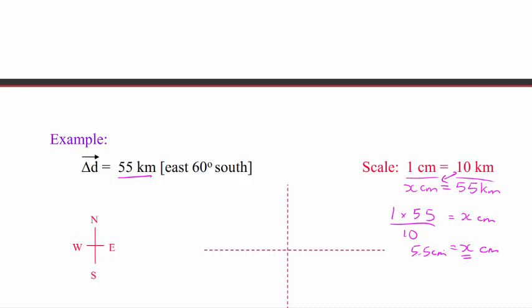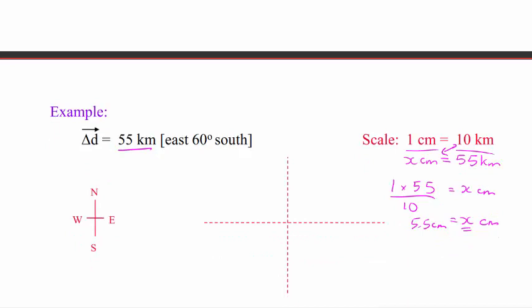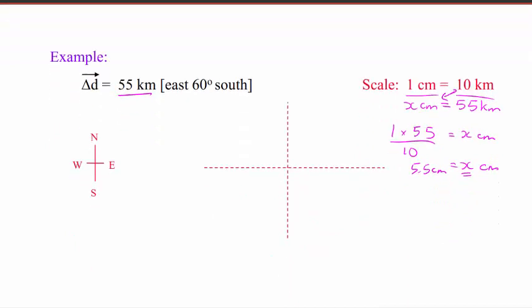And now we have to figure out what direction it would be. So I've got a plastic protractor that you can't see right here. So basically I'm just going to have to do my best. Okay, I'm going to move that a little bit higher so I have a bit more space to draw. My vector is going to start here at the base, and we're going to start drawing east 60 degrees south.